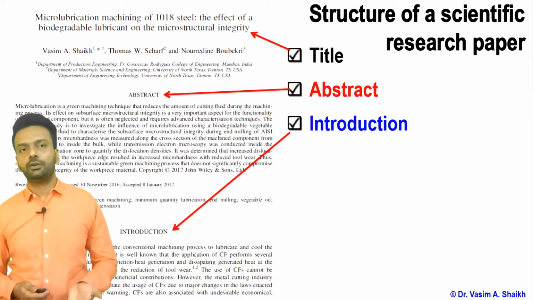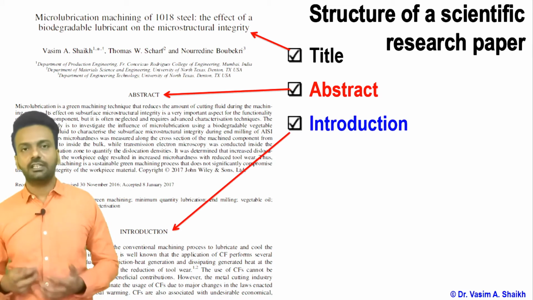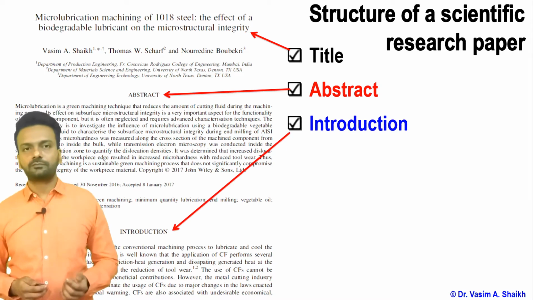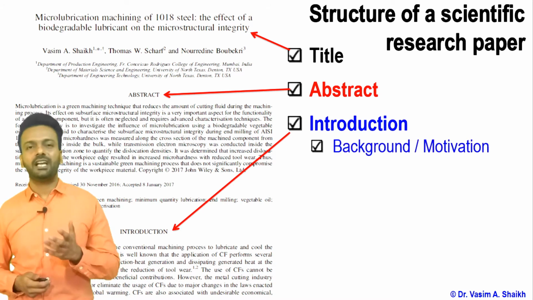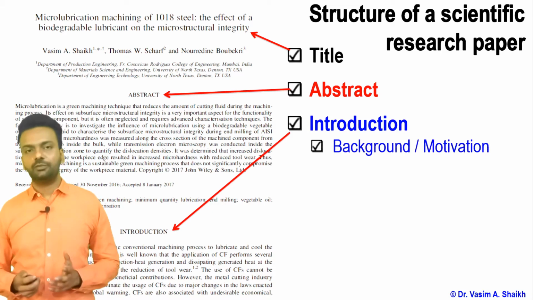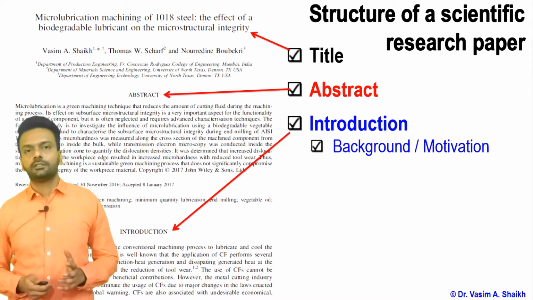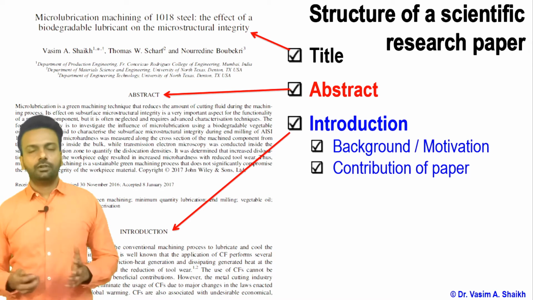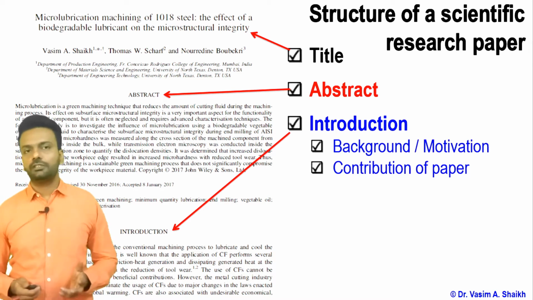Then you have the introduction. What all things are there in the introduction? Let me give you a small brief about that. In the introduction, you have the background and the motivation. If you want to find out about the background and the motivation of the paper, you should read the introduction. Then the major contribution of the paper, just in a few words, is there in the introduction.